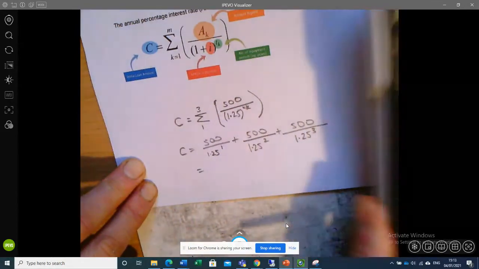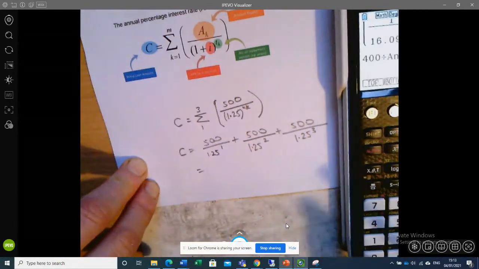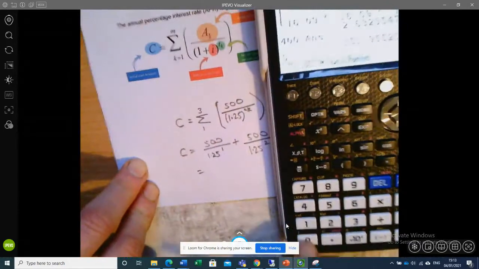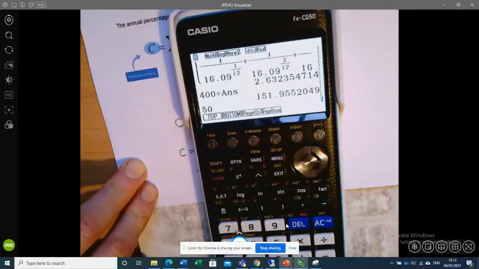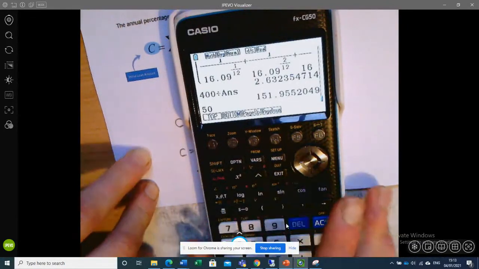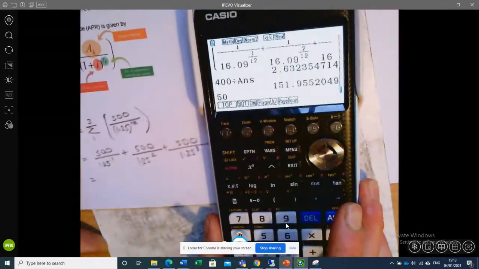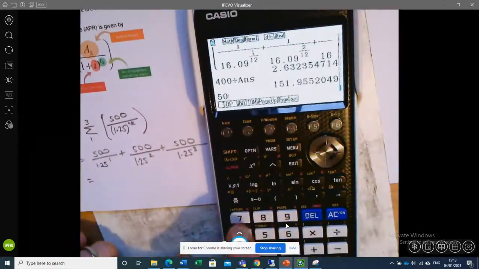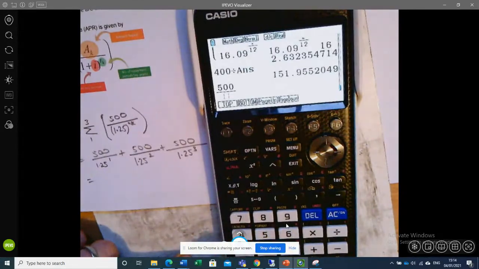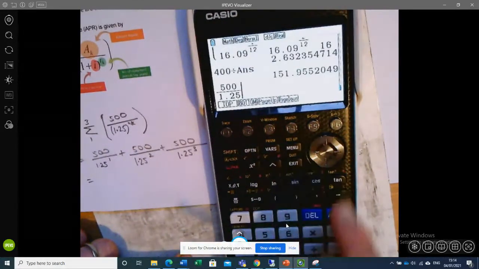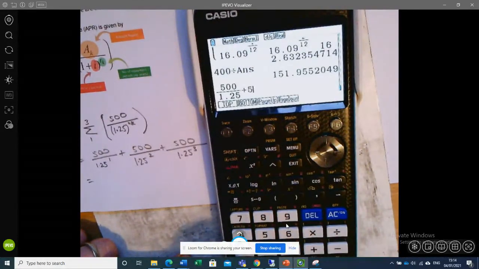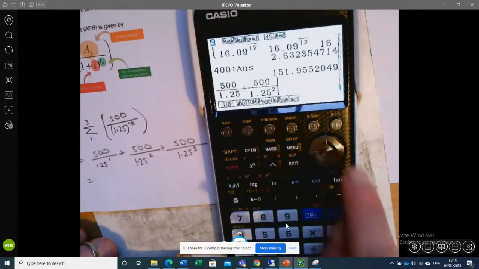And by typing that into our calculator, we should get, bring it down here so you can see, 500 over 1.25 to the power of 1, so I don't need to put the power in, and this is to the power of 2.